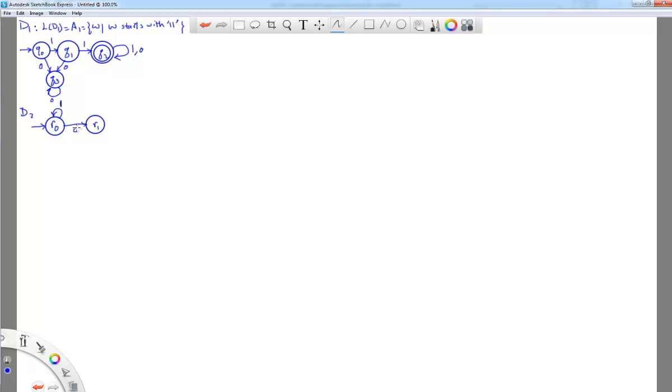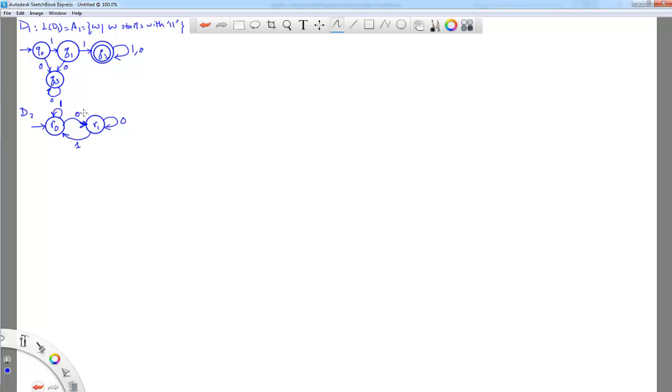When you see a 0, you go to R sub 1. You stay in R sub 1 for as long as you see a 0, and then you go back to R sub 0 the moment you encounter a 1. So effectively, the second automaton down here, its language is the strings that all end with zeros.